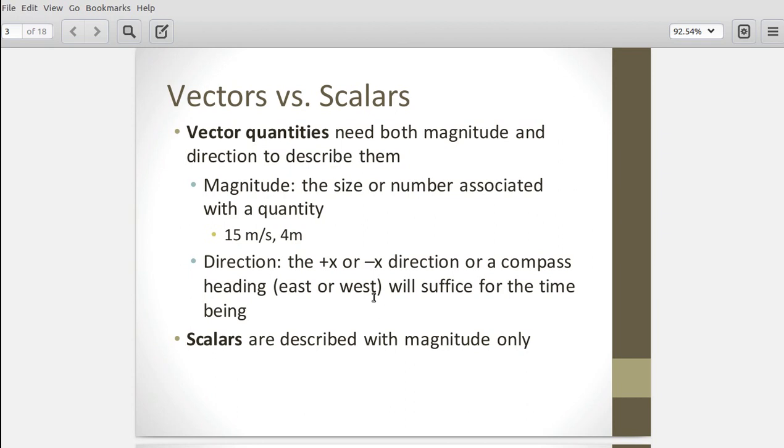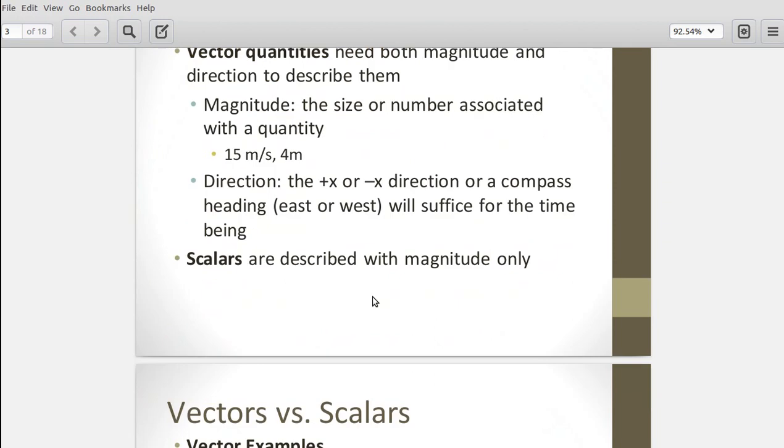So once we get into two-dimensional motion, these descriptions will be a little more specific, but in this section we're talking about one-dimensional kinematics, so we're going to be talking about just the positive x direction or the negative x direction. So if you draw your xy plane on a piece of paper, to the right is going to be the positive x direction, to the left is going to be the negative x direction. And I'll have a couple diagrams and situations that use that convention.